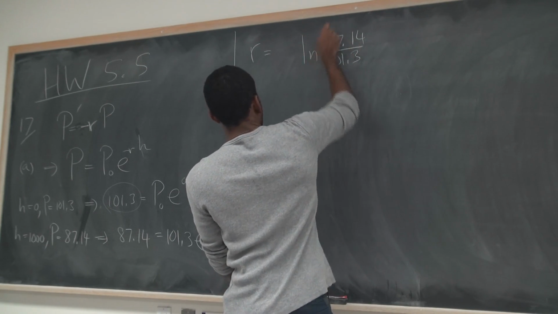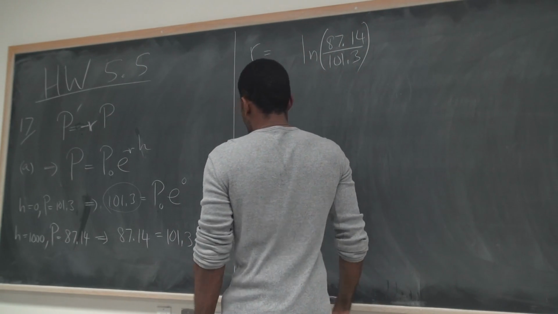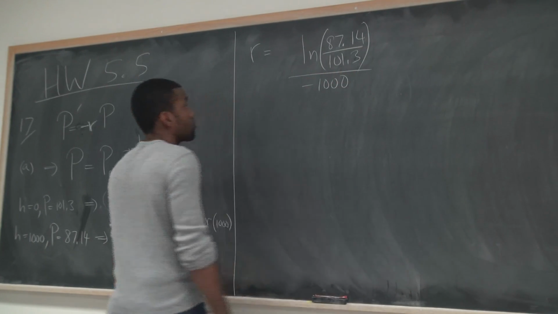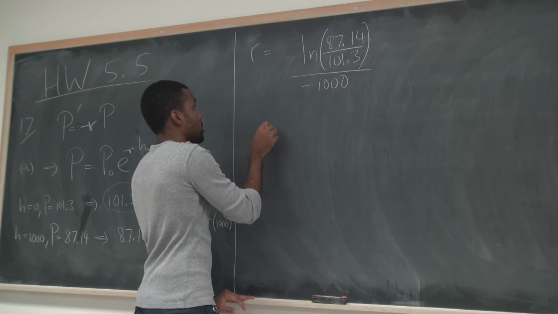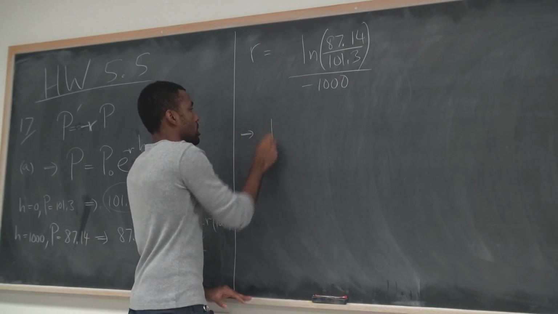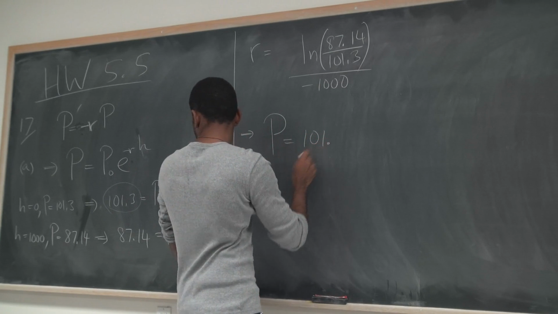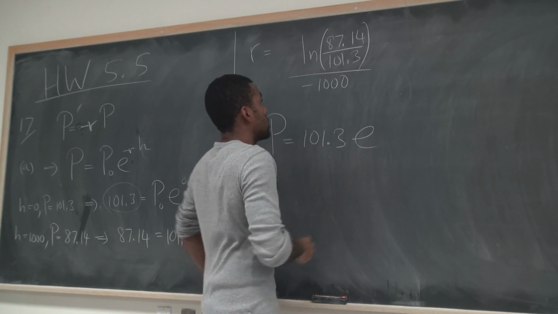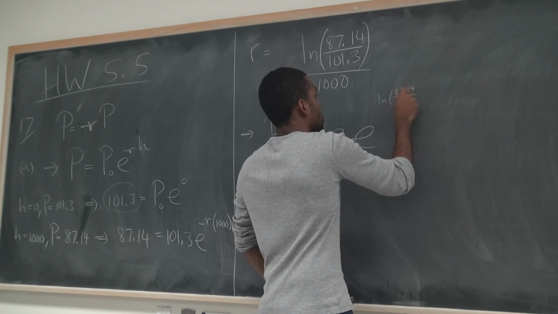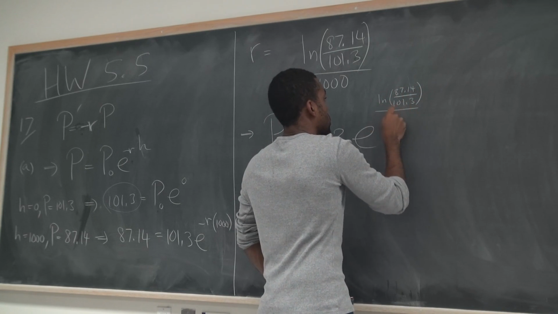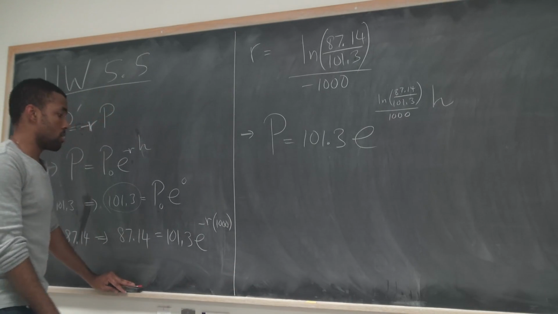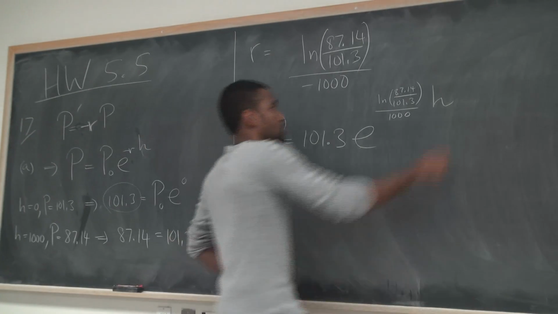Then I would log that to get rid of the e. Then I would divide by minus 1,000. So that's my r, and then I can plug it into this function. This means that P is equal to 101.3 e to the minus r, so that's just going to give me ln of 87.14 over 101.3 divided by 1,000 times h. So that's going to be the equation that governs this relationship.